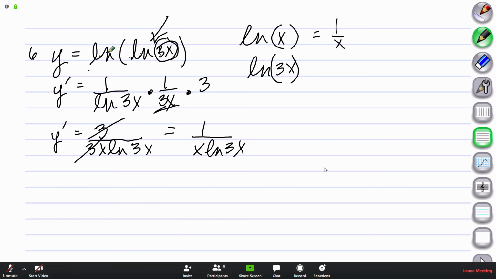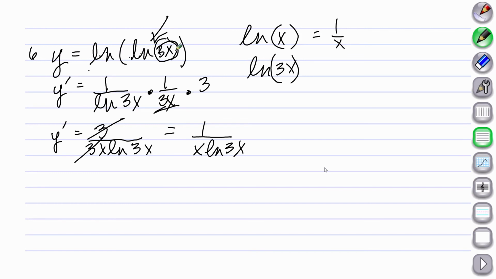So it's 1 over the parentheses, times the derivative of the parentheses, times the derivative of the 3x. What a mess, huh? But anyhow, that's the final answer to that one. That one is a genuine, hard, terrible, I hate it type problem.